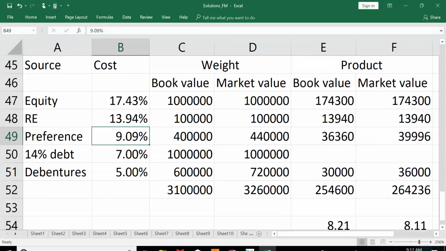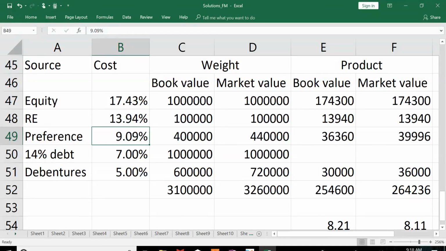Then you write it like this: cost of existing debentures. Cost of existing debentures equal to what percentage? 5%. And then cost of new debt. This is an extra amount which is coming into capital. Cost of new debt is equal to interest into 1 minus tax rate.